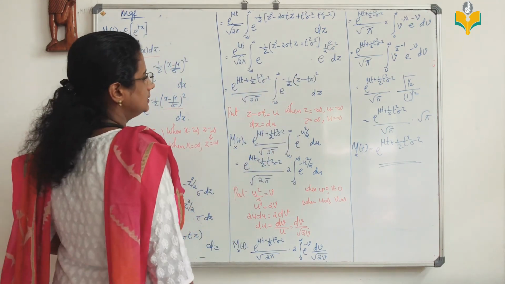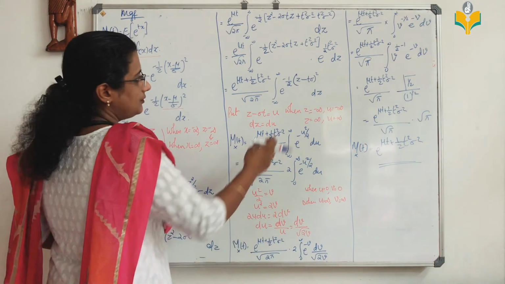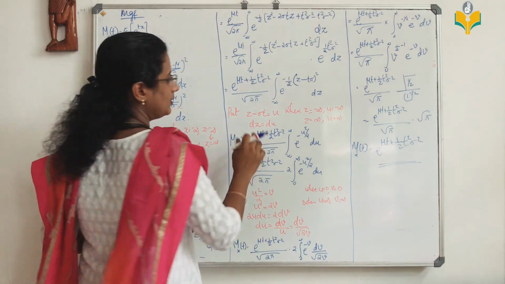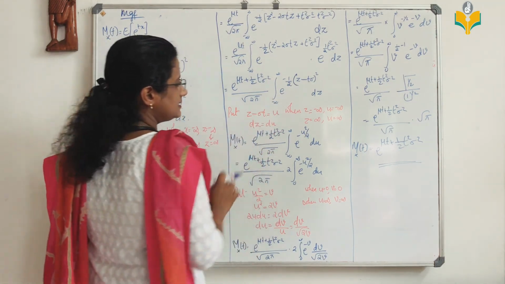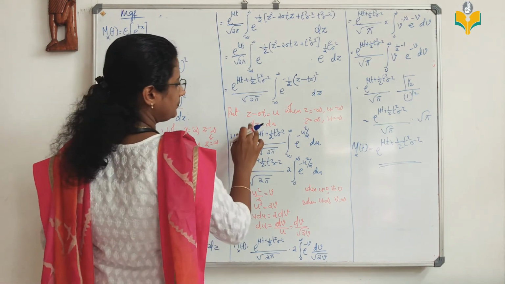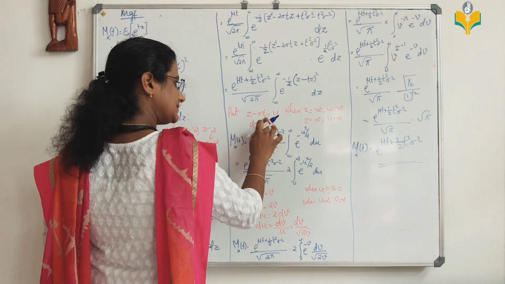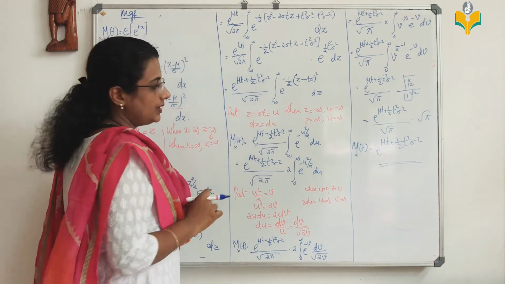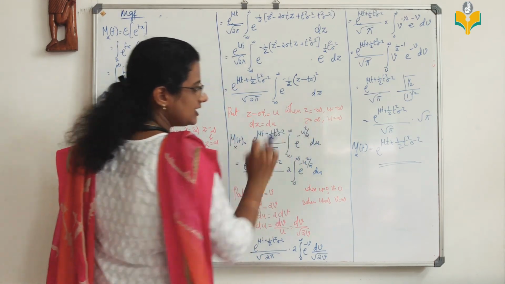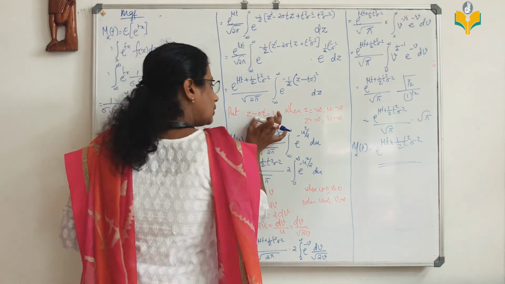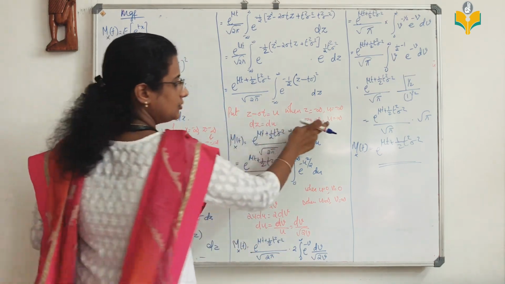Alright. Now again we want to substitute for z minus t sigma. So I substitute z minus sigma t equal to u. Then dz equal to, sigma t is a constant, so the derivative will become 0, dz equal to du. When z ranges from minus infinity to plus infinity, u will also range from minus infinity to plus infinity.